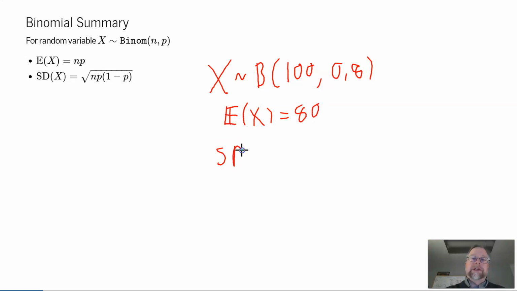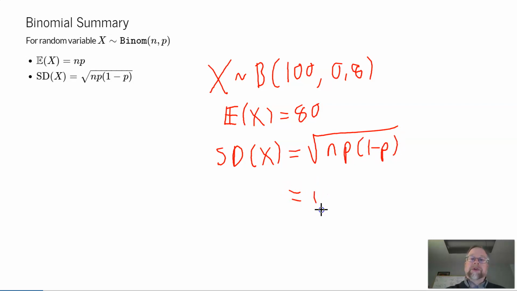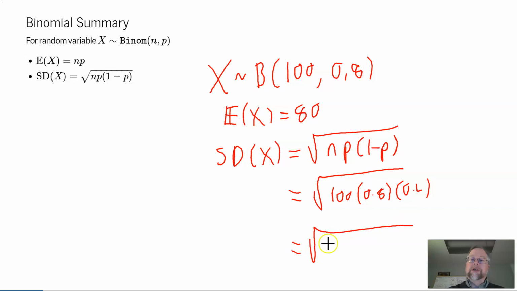So the standard deviation of X will be the square root of n times p times 1 minus p, which is the square root of 100 times 0.8 times 0.2, which is the square root of 80 times 0.2, which is the square root of 16, or 4.